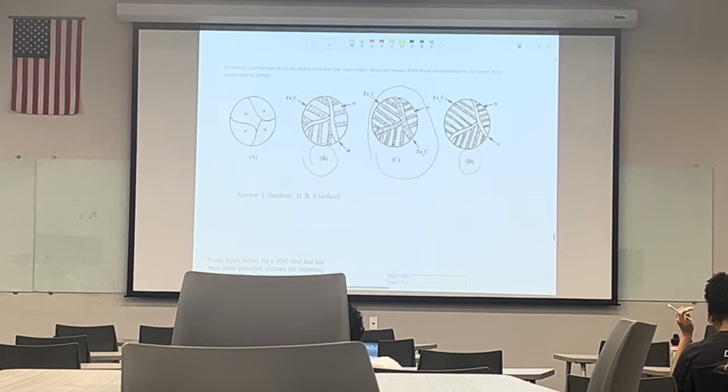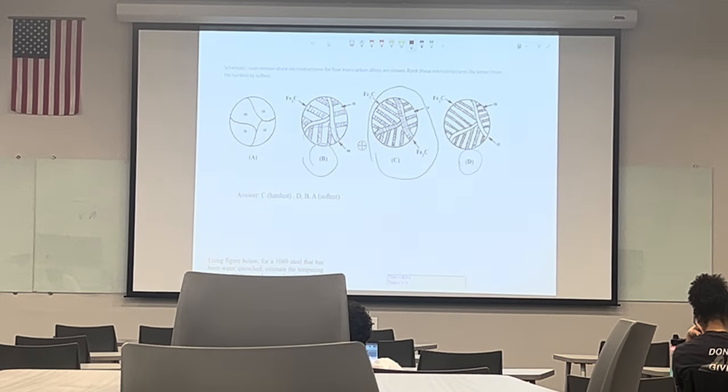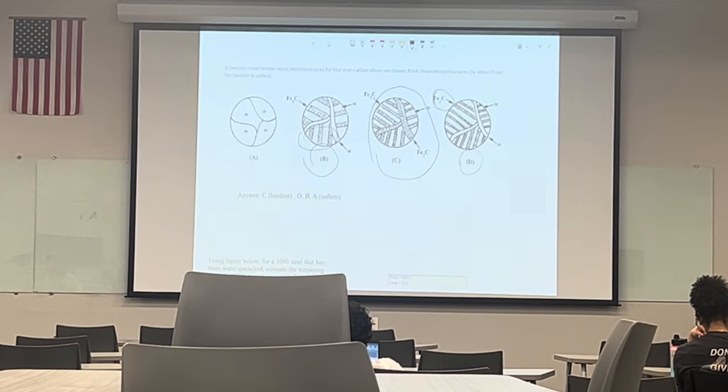Well, regarding the carbon content, they are almost the same. But the thing is, this lamella structure, we call it pearlite, right? From the previous chapter and this chapter. So this is the fine pearlite. I mean, this cementite beams or whatever you call it.